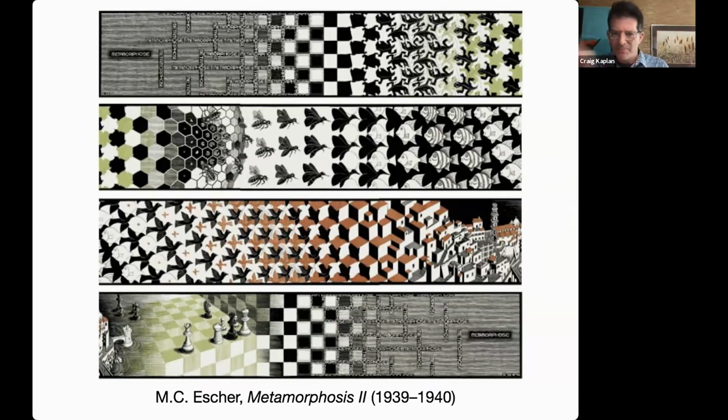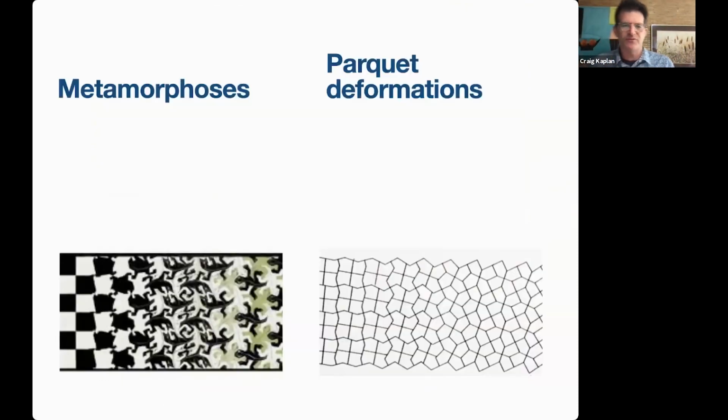We can draw some comparisons between Escher's Metamorphoses and Huff's Parquet deformations. So here's just a couple of points of comparison that may be interesting. As I said, Escher favored figurative art with little characters. You could draw almost any shape, and if you put a little dot in the right place, it'll look like an eye, and the character will look a little bit like an animal form.